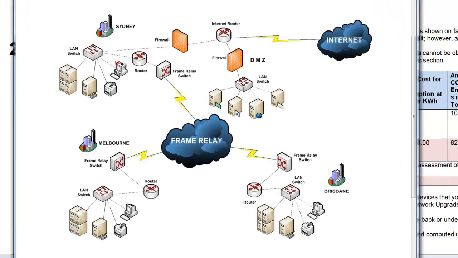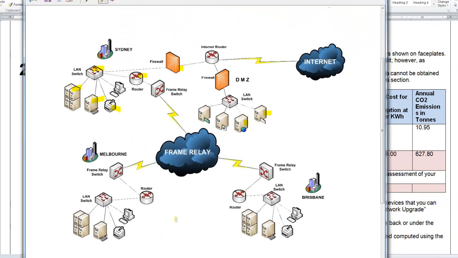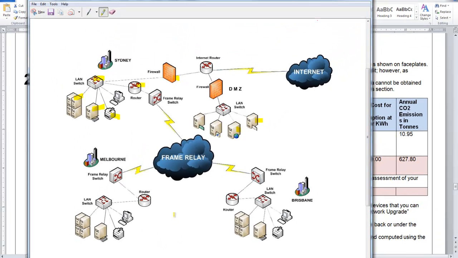Well, we see computers, we see servers, we see domain controllers, we see printers, we see switches, we see firewalls, we see routers, and we see web servers, as you can see them over there. We see Exchange servers, and we see all other devices which will not work unless they are powered on.